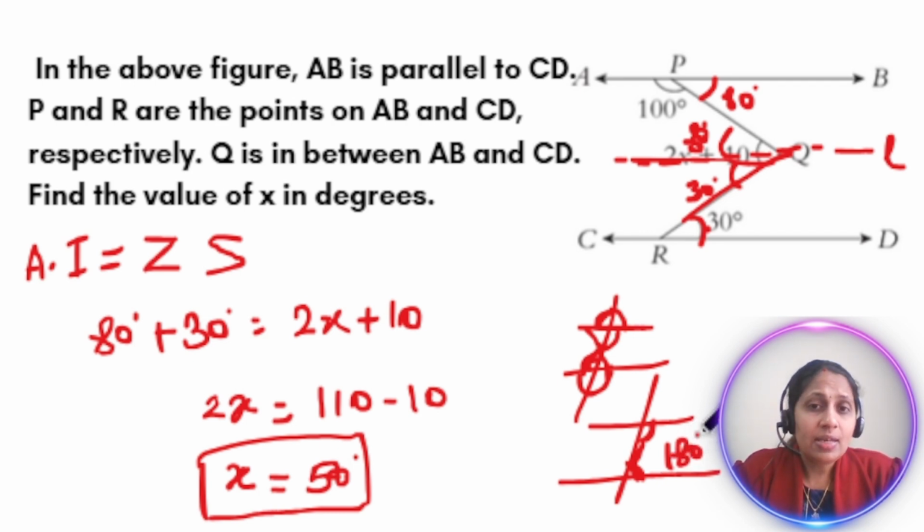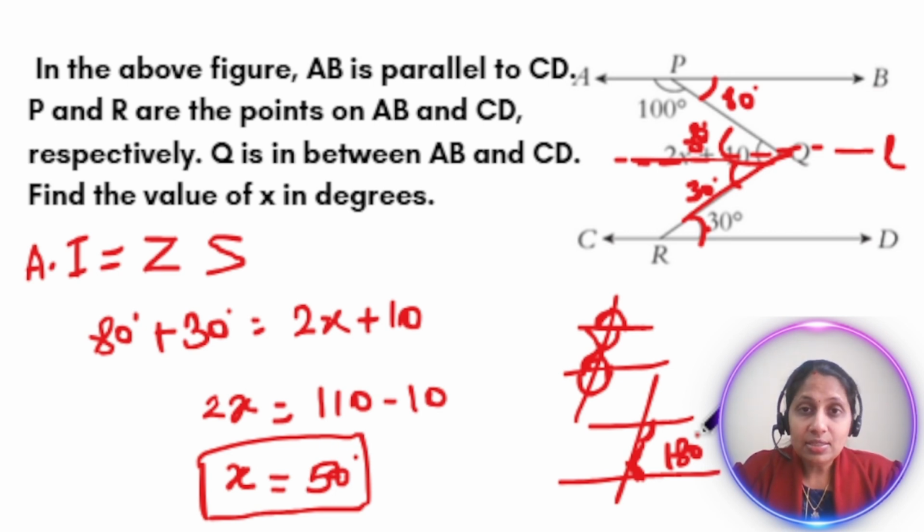So to quickly summarize, the different types of angles that you have to pay attention to here: first is vertically opposite angles. The next is linear pair. Vertically opposite angles are equal when two lines intersect. Then linear pair, which is nothing but two angles that are adjacent and supplementary, forms 180 degrees.